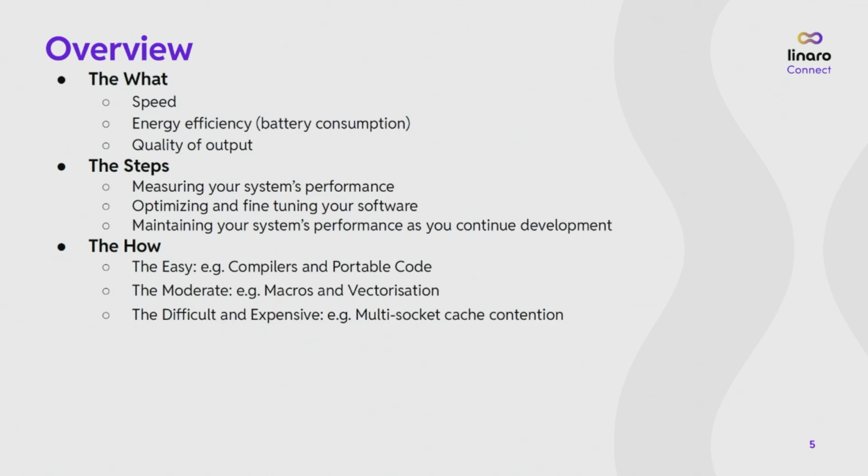And then the how. I'll get into the how. You know what you're measuring, we'll talk about the steps, how to do that. And then finally, you want to know the how exactly, step by step, what is involved. That includes the easy stuff, portable code that's already kind of easy to port from one platform to another. Then we have the moderate stuff, vectorization, for instance.